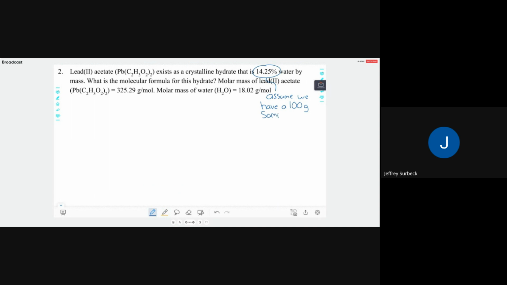That really gets us going in this problem, and that's 100 grams total. So our first goal is to determine our mass of water, and then ultimately determine our mass of our anhydrous. That's our number one goal for this.